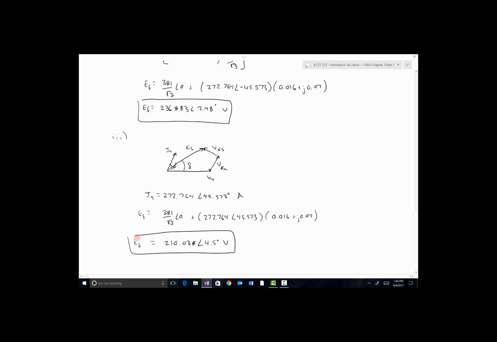As you can see, the excitation voltage we calculated in this situation is reduced as compared to the lagging case. So that's interesting.